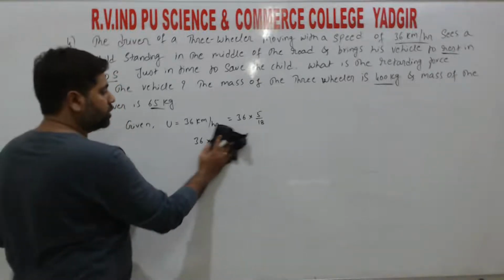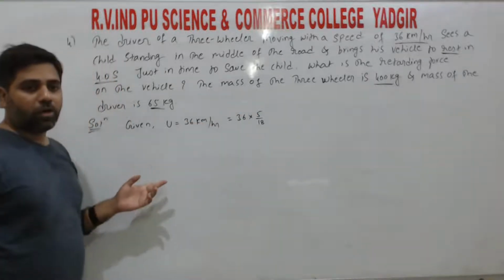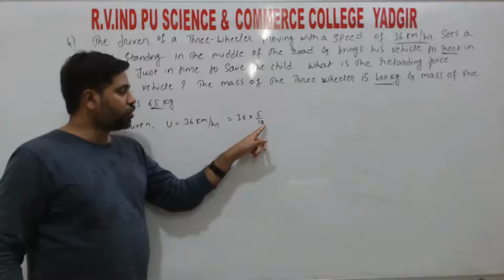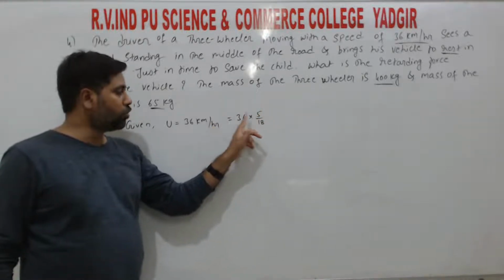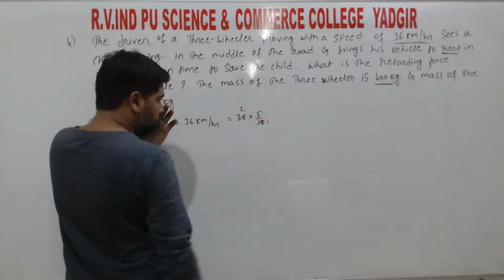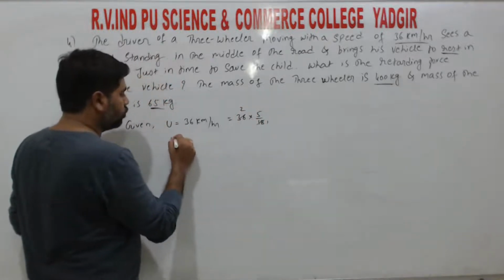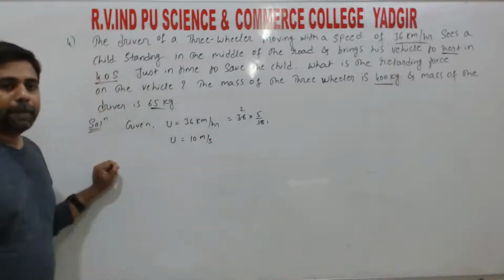Every time we can simplify. We need to remember this: to convert meter per second to kilometer per hour, we multiply by 18 divided by 5. So u is equal to 10 meter per second.